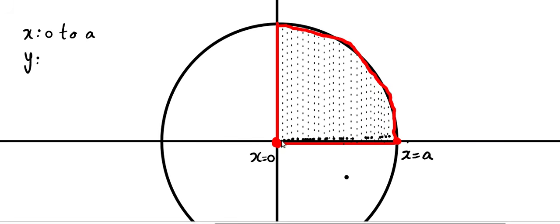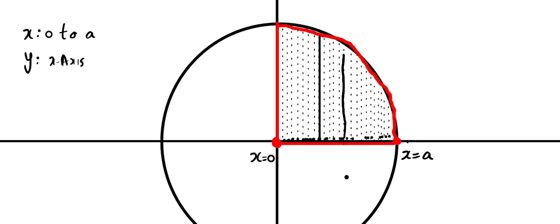Vertically, the points start from the x-axis, because the boundary is the x-axis, and every collection ends at the circle. Anywhere you consider, it goes from the x-axis to the circle. So I am going to write y varies from the x-axis to the circle.